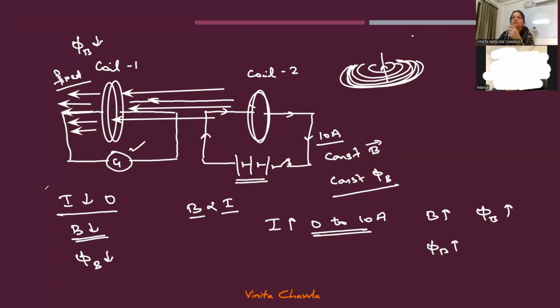See, how is the current produced? In which direction is the current produced? Now this we need to know. So for this we have a law, Lenz's law. Write the heading. Lenz's law.